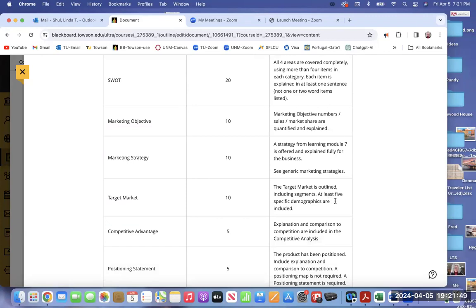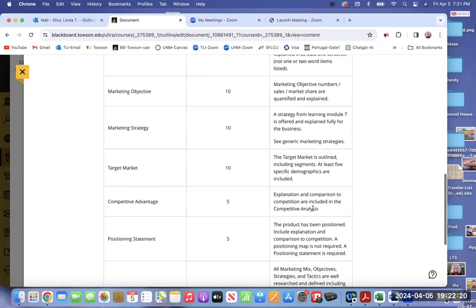I don't even care if you use income, because I always told everybody in their questionnaire, don't use income, because nobody wants to answer an income question. But something specific, like age category between 15 and 25. Don't say median age. Don't say something generic. Say something more specific.